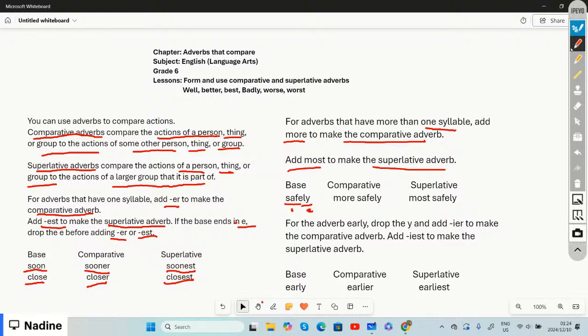If we were to show the comparative adverb with an adverb that has more than one syllable, then we need to add the word more in front of that word to show the action.